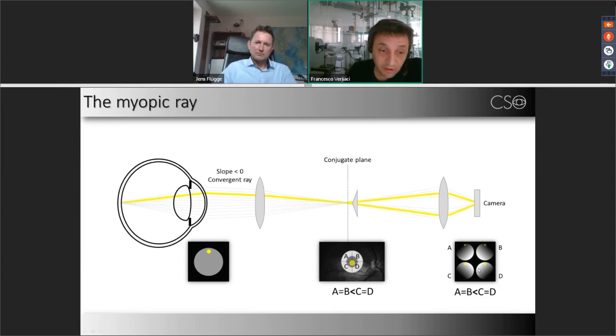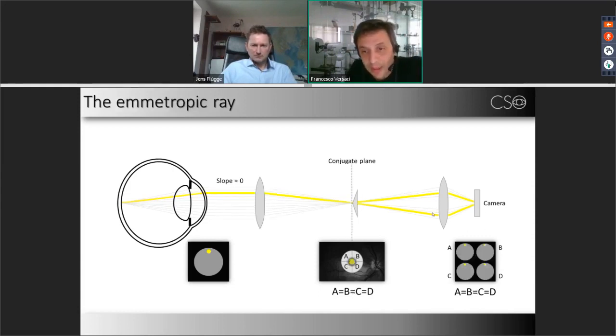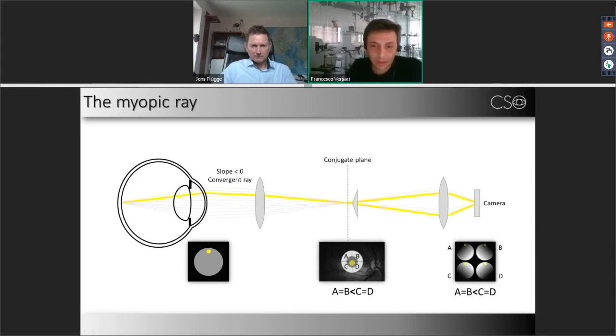But if, on the other hand, we handle a myopic ray, so a ray that does not have slope equal to 0 but is a convergent ray, the conjugate plane is not going to be exactly in the position of the pyramid, but a little bit moved to the left.